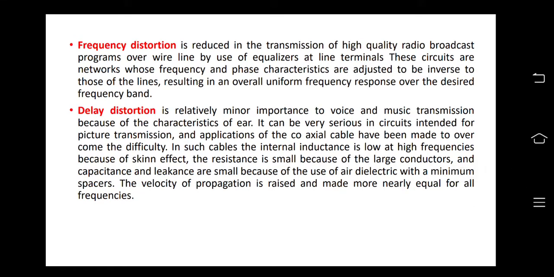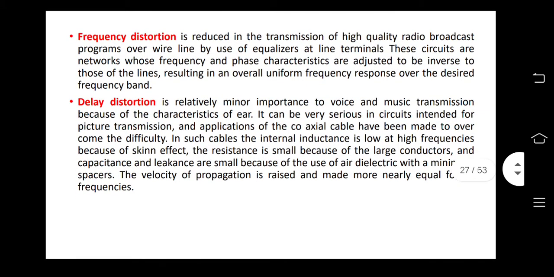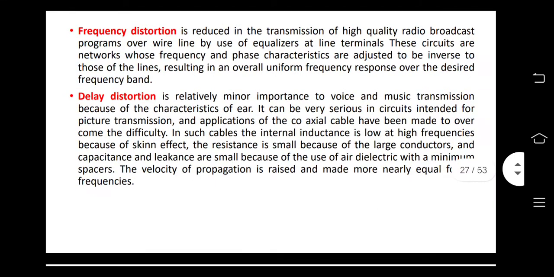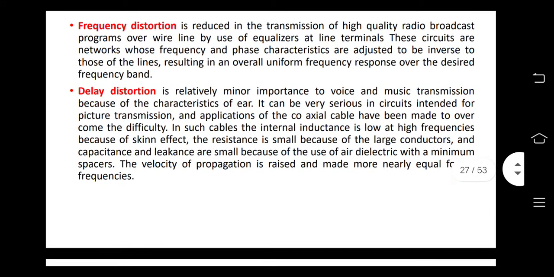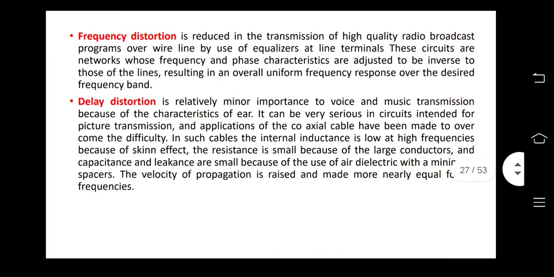Delay distortion is of relatively minor importance to voice and music transmission because of the characteristics of the ear. It can be very serious in circuits intended for picture transmission, and applications of the coaxial cable have been made to overcome the difficulty.